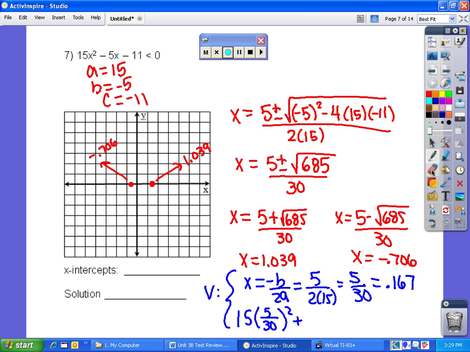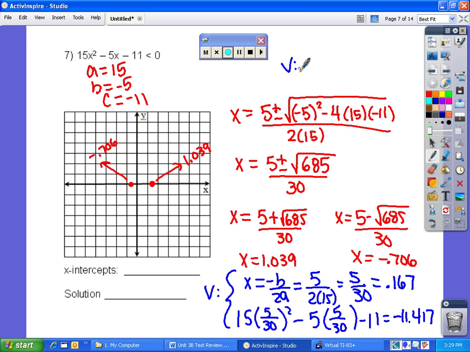You want to make sure that you keep it in your calculator as accurate as possible. So use the 5 over 30. And that's a negative 11.417.